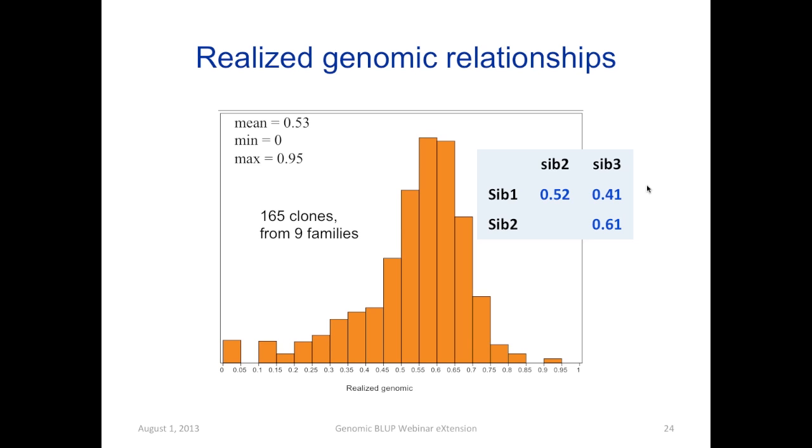Most individuals have a coefficient of 0.5, which means they are full sibs. But even among the full sibs, it's not always 0.5. Some sibs share more genome from the parents than other sibs. That's why sibs are not exactly alike, except twins. So this is the major difference from additive genetic relationships derived from the pedigrees.